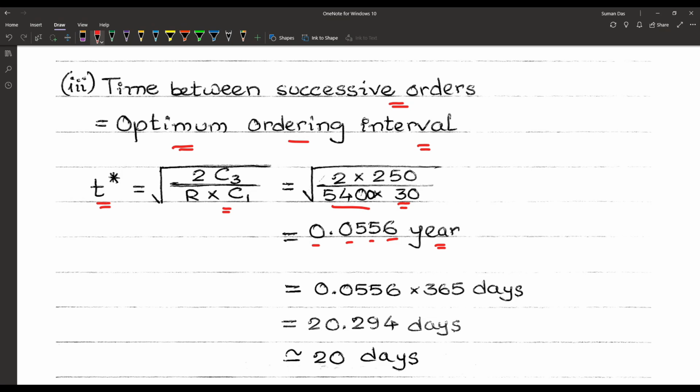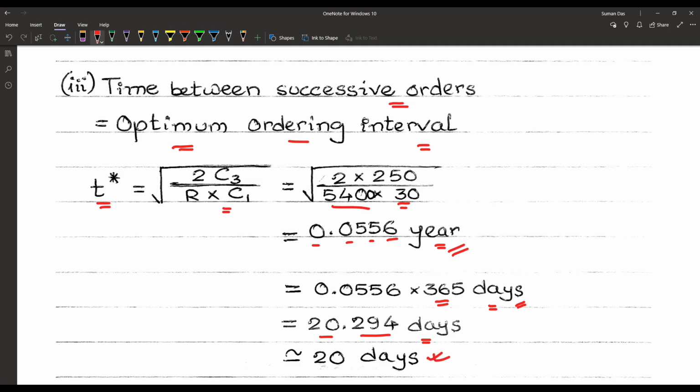We may transform the unit year into days. One year contains 365 days, so that is 0.0556 into 365 days, or 20.294 days, which is nearly equal to 20 days.